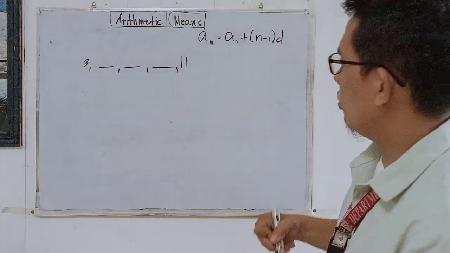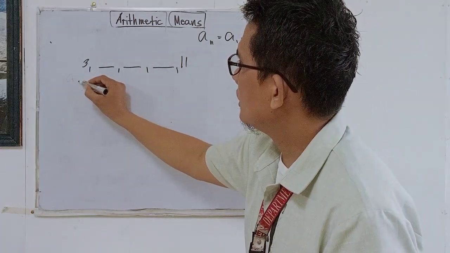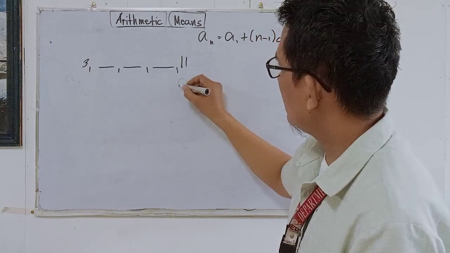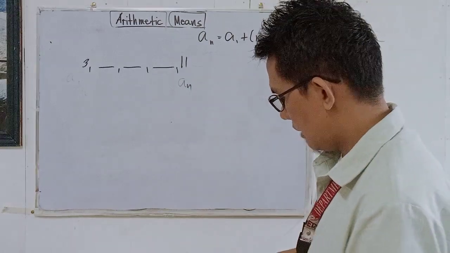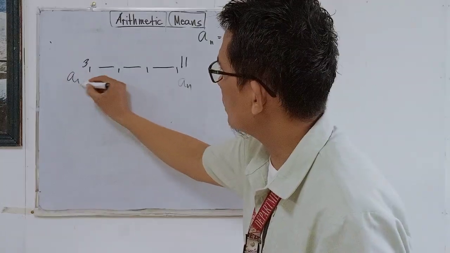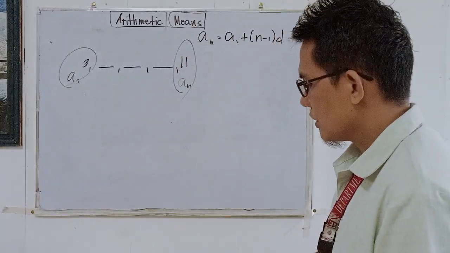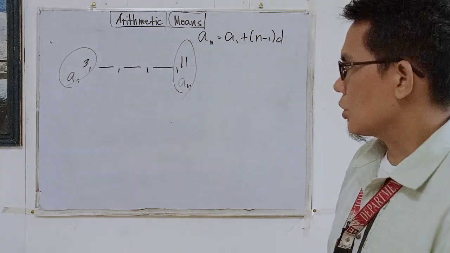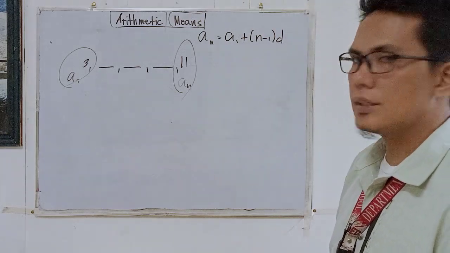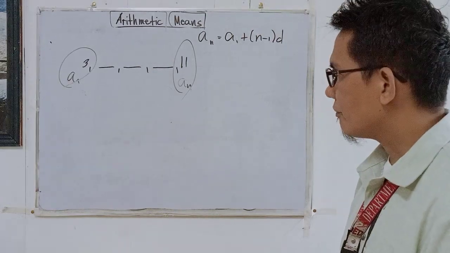What is provided for us are the a sub 1 and the a sub n, or the first term and the last term. So this is our a sub 1, our first term, and this is our last term. So what we're going to solve here is the value of d.